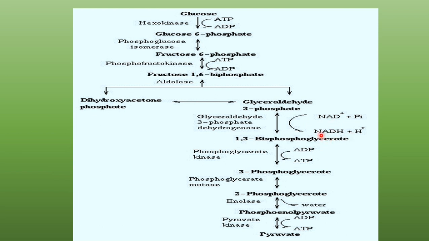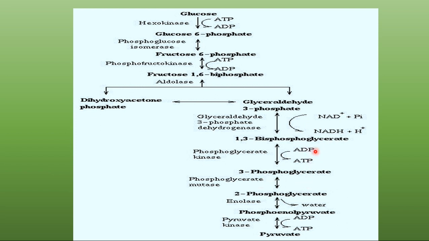And we know this NADH will enter the electron transport chain and synthesize ATP by a mechanism called oxidative phosphorylation, isn't it? So that's how we get the ATP indirectly, not directly. Next, the next step of the payoff phase is that 1,3-bisphosphoglycerate is converted into 3-phosphoglycerate.